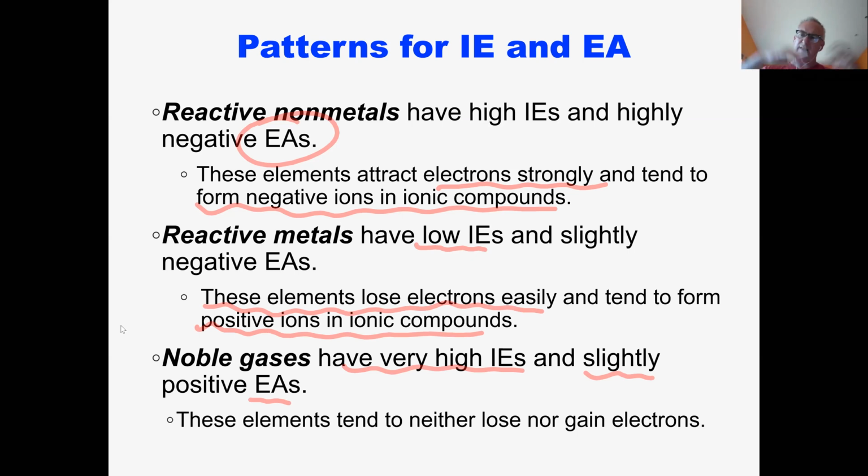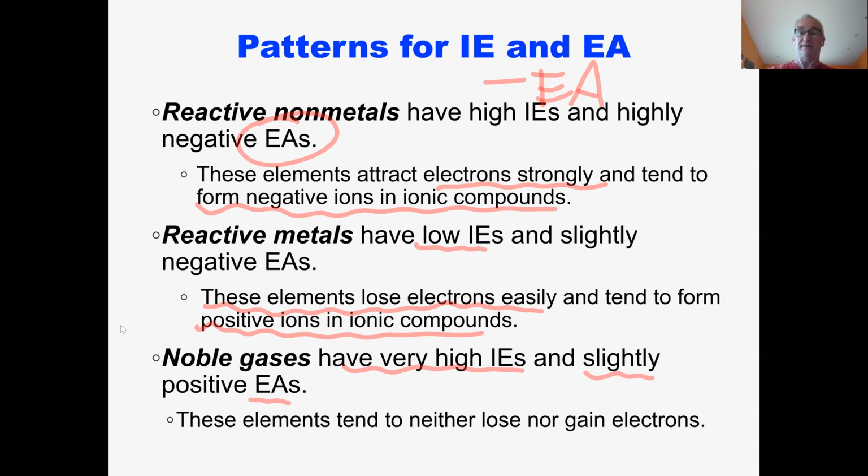Okay, so is everyone clear on what the difference between a positive and a negative energy is? If it's a negative energy, that means it's going to happen without really having to do much of anything. If you have a negative electron affinity, that means if I offer you an electron, you're just going to take it. I don't have to do anything.